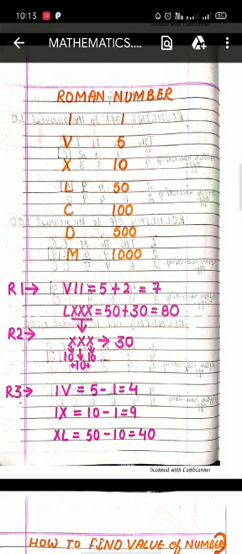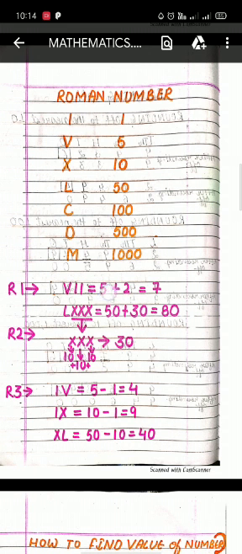Okay, first rule: when the number is smaller than the number placed on the right side. So if the number is smaller on the right side of the number, we add it. Here V means 5, as we have learned. So we have written V in the place of 5 and 2 I's.